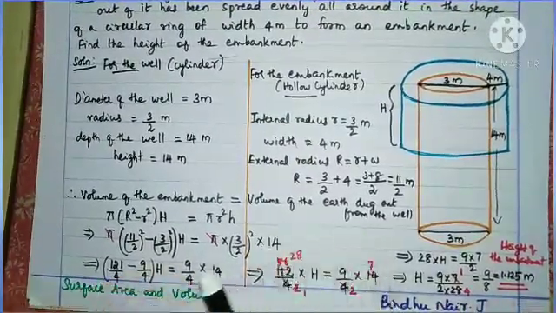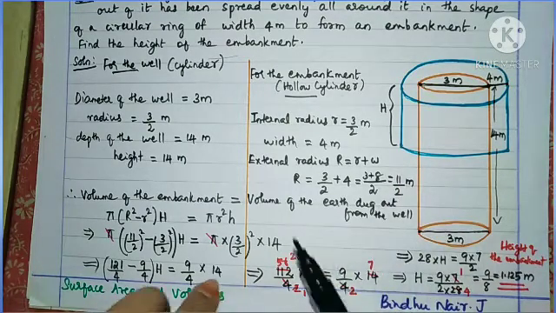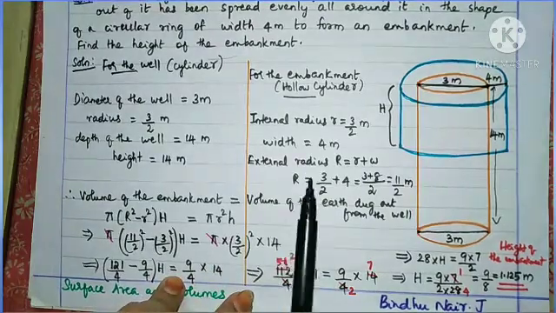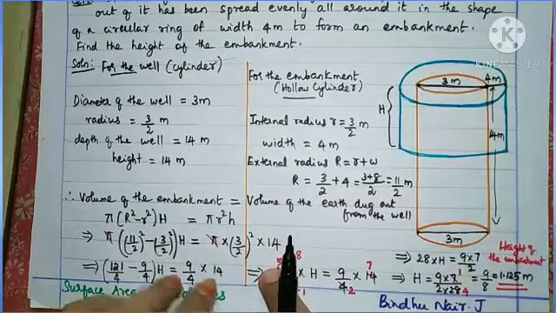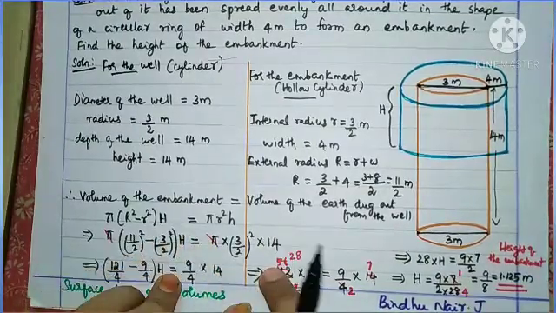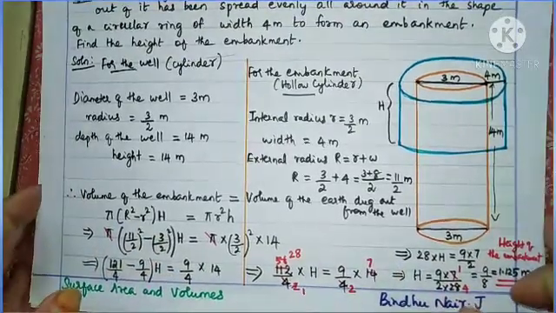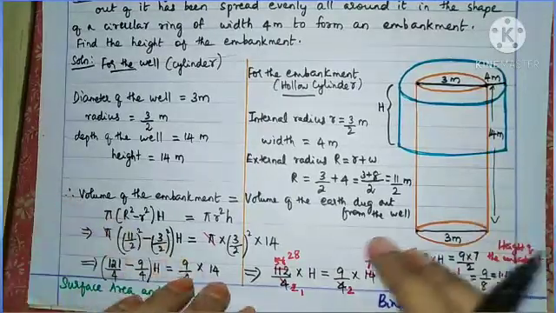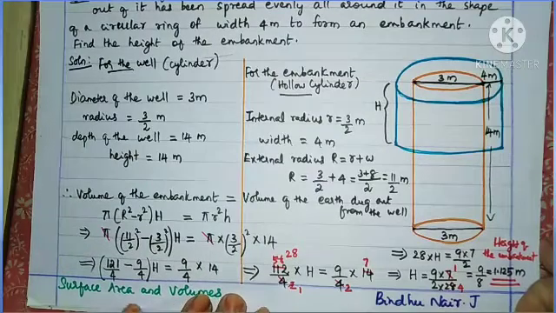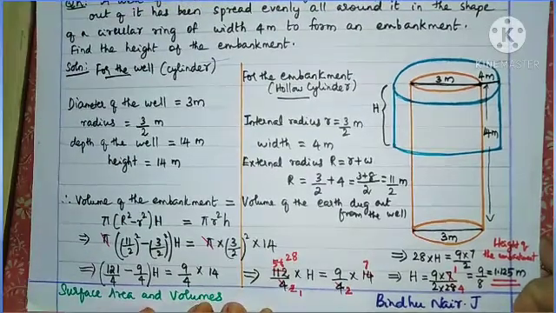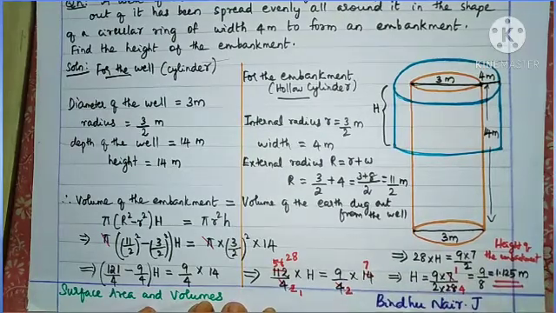So for a hollow cylinder, for a circular ring, there is an external radius and an internal radius. So you want to find out capital R by adding the width of the ring, and then we are using this concept that the volume of the embankment is equal to the volume of the earth dug out from the well. And do the simplifications carefully, do the conversions properly. Here in this problem there is nothing to worry, because all are in the same unit. But if there is any difference in the unit, you want to convert into the same unit and then simplify, and finally you get the answer.